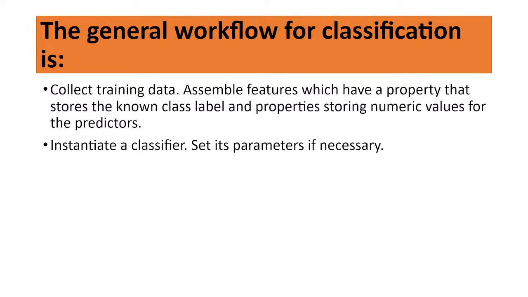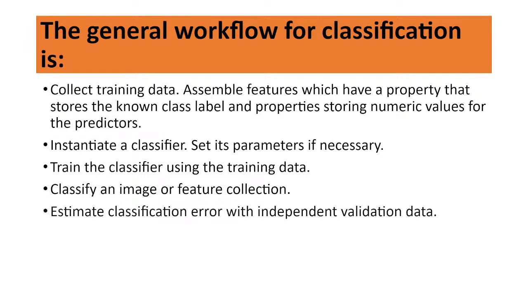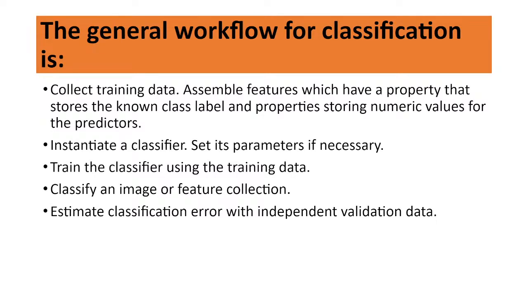If you want, you can use a support vector machine, classification and regression trees, or any type of classifier. After that, train the classifier using the training data. Then classify an image or feature collection, and then estimate the classification error. So mainly it checks the accuracy.